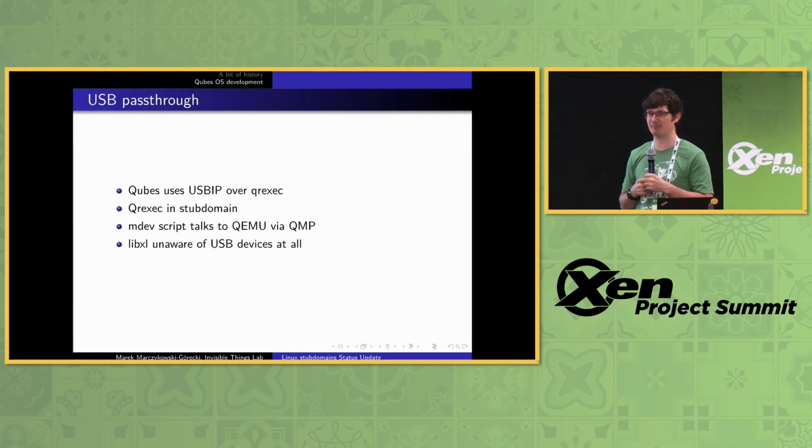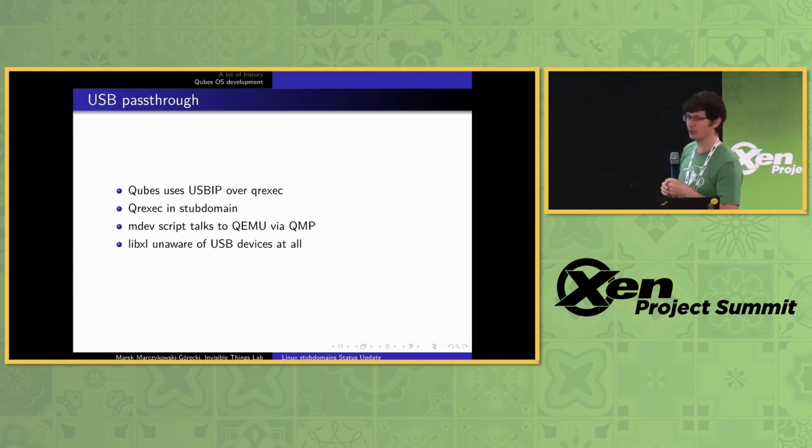I guess if somebody tries to use both, libxl may get confused about what this USB device is, but we don't use USB passthrough in libxl, so it works. This is another part that is not upstream, especially because of the different technology for USB passthrough.